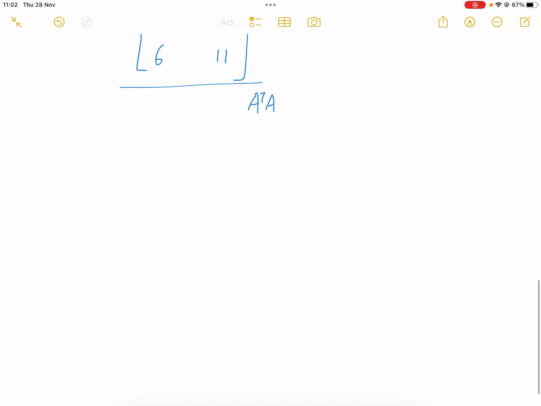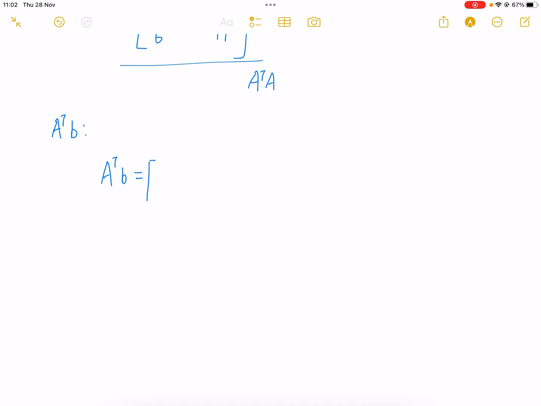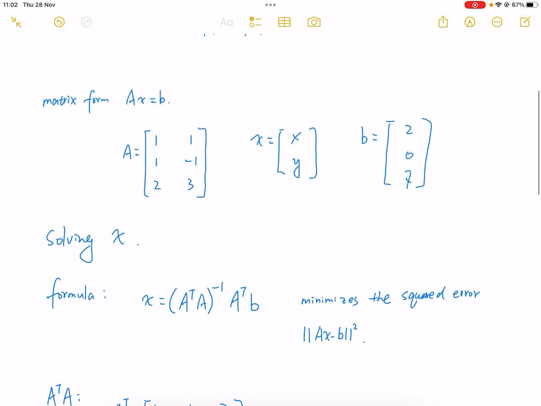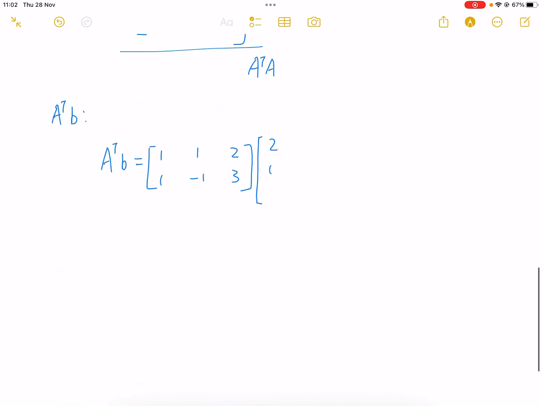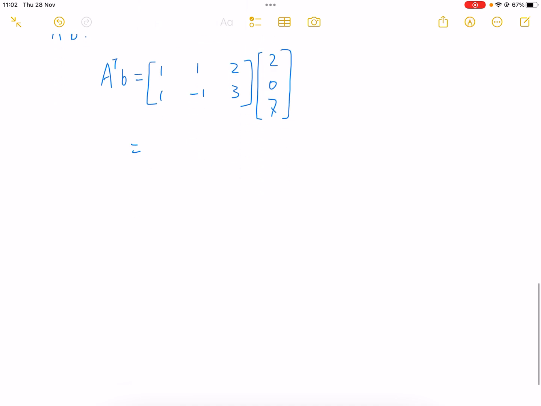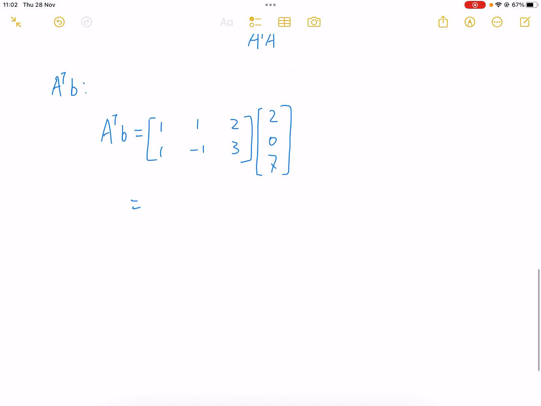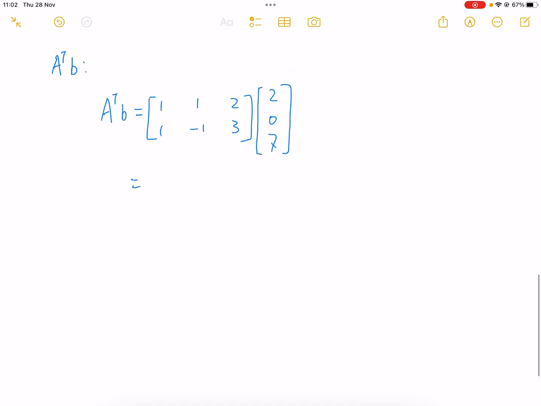Now let's compute A transpose times b. We have A transpose times b equals 1, 1, 2, 1, negative 1, and 3, times b, which is 2, 0, 7. So we calculate this matrix.